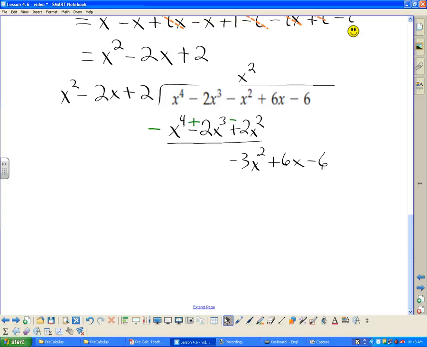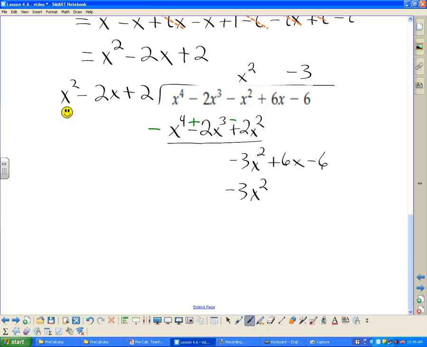So now we're going to look at, what is negative 3x squared divided by x squared? That would be negative 3. So we got minus 3 here. So we multiply. Negative 3 times x squared is negative 3x squared.